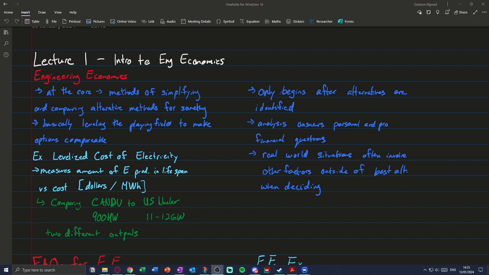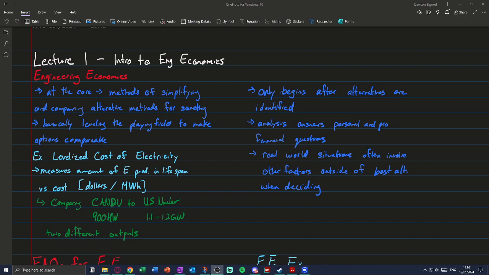What if we have to decide whether a nuclear plant or a solar plant is the better choice? How do we break it down so we can just look at the numbers and say this one is best for our situation?